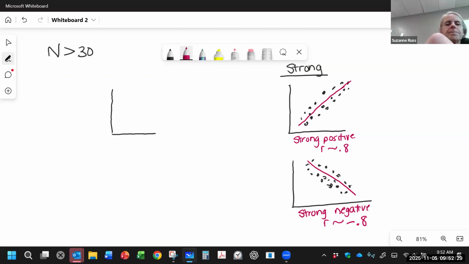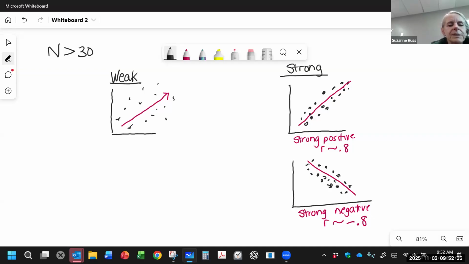We could have a weak relationship. In this case, we'd look at our data points and we would be able to see a line, but the points are really pretty far away from this line.